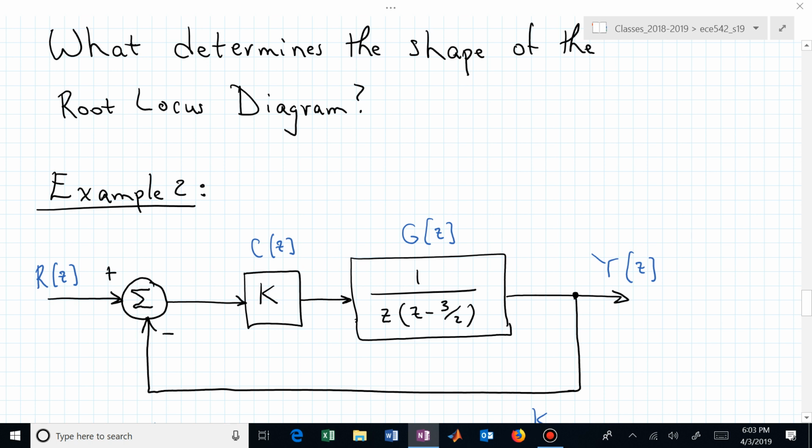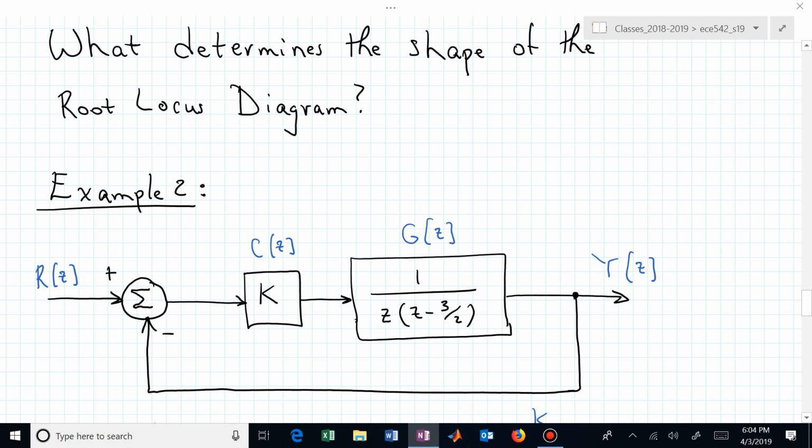We're comparing the output to the reference signal R, and that will produce an error signal, and that error signal now gets gained up with K before it starts driving the plant. And hopefully we can make this system stable.